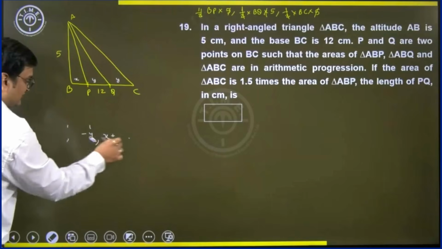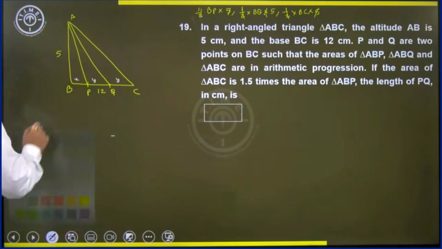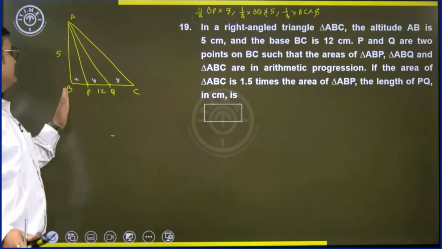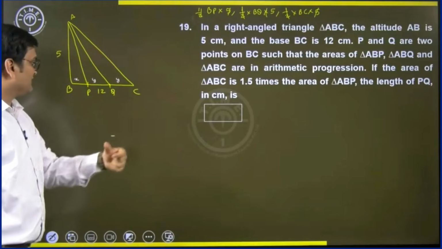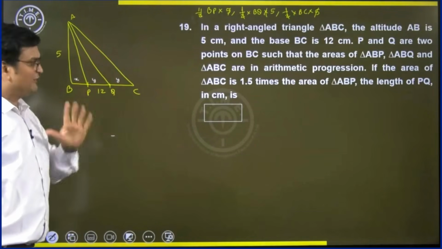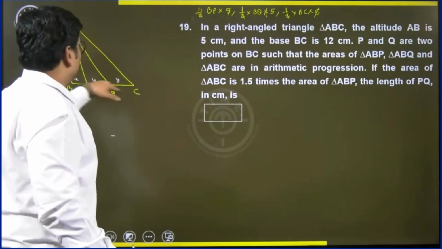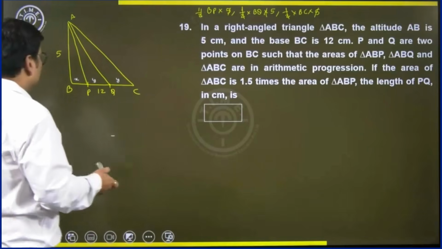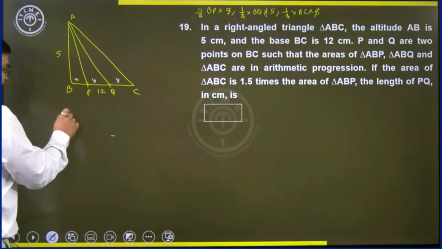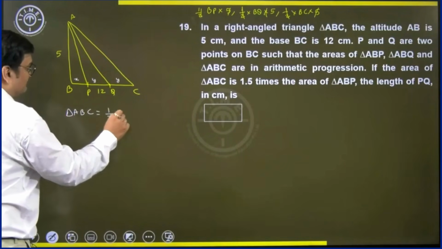Okay, so based on that arithmetic progression condition, this is what I get to know about the points P and Q. P and Q are such that if P is at a distance of X units, Q is a further distance of Y units, then QC will also be Y units. If the area of triangle ABC is 1.5 times the area of ABP, okay. So, we know that the area of triangle ABC is nothing but half into base.